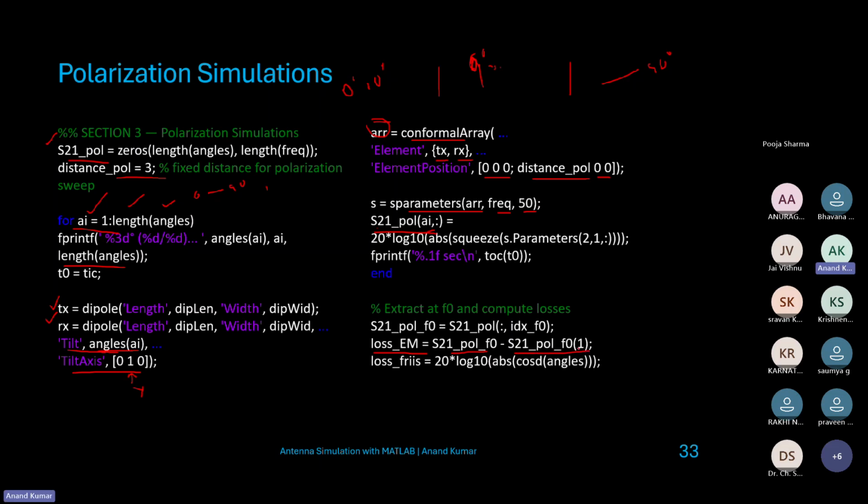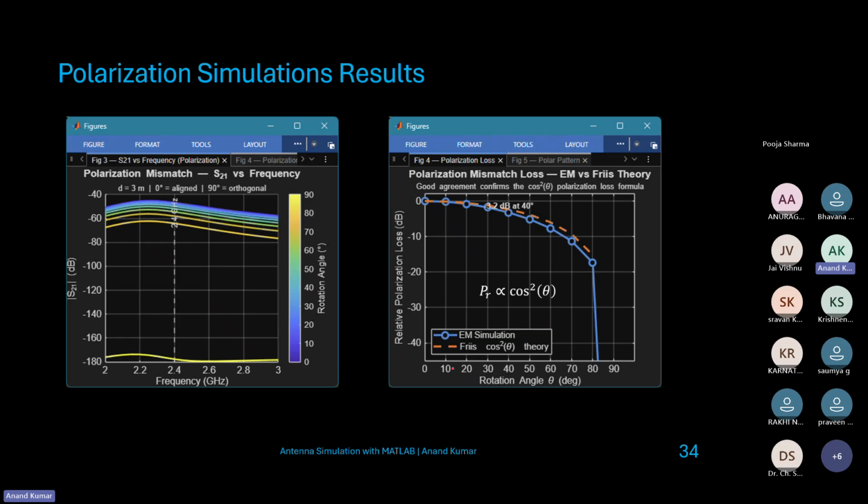At 0 degree, which is the first position, we have the maximum transmission, so the loss will be zero, the lowest loss. For the rest of the rotations, we save the losses, and we also calculate the loss from the Friis expression, which is 20 log of cosine of the angle, and then we can plot this.